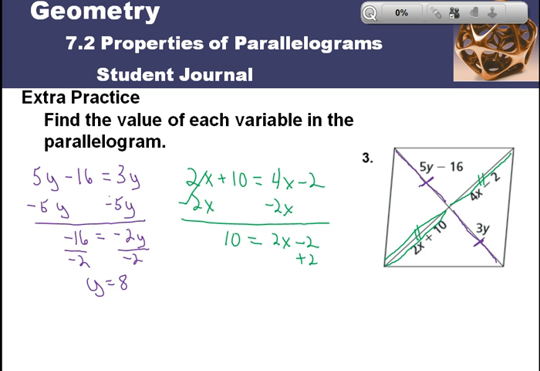And I'm going to add 2. And it looks like I get 2x is equal to 12. And then dividing by 2, I'm going to get that x is 6. So I got y is equal to 8 and x is equal to 6.